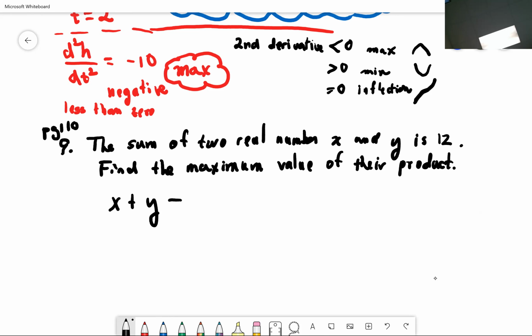X plus Y is 12. And it says, find the maximum value of the product. If I take X times Y, I'll get P, the product. And now I'm supposed to figure out what's the maximum product.